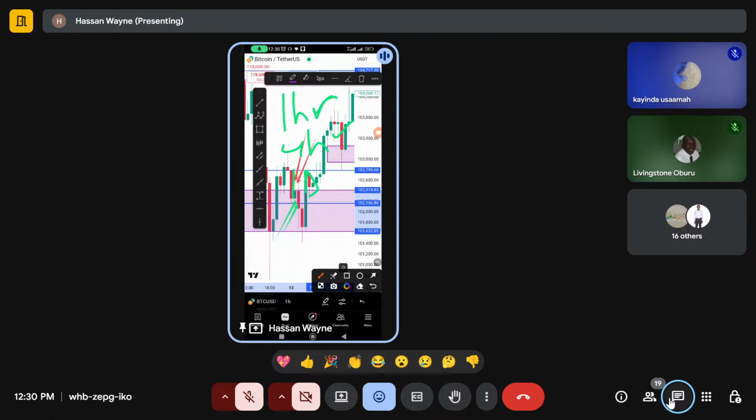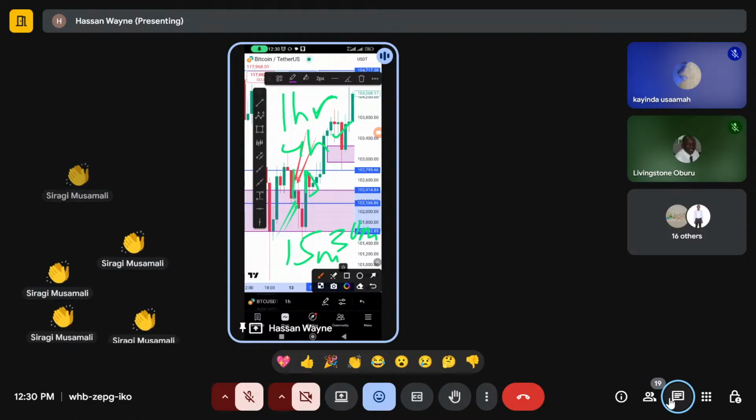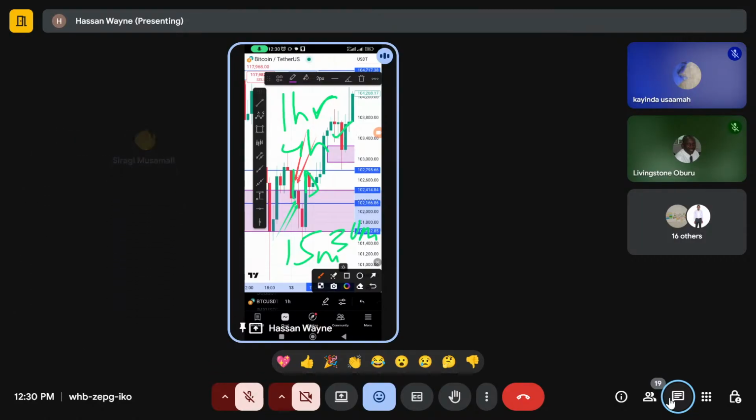But in 15 minutes or 30 minutes, don't, because there are many manipulators there which might not show you the clear picture that you want. Always make sure you start from 1 hour and above.